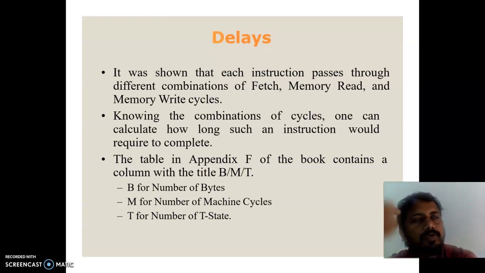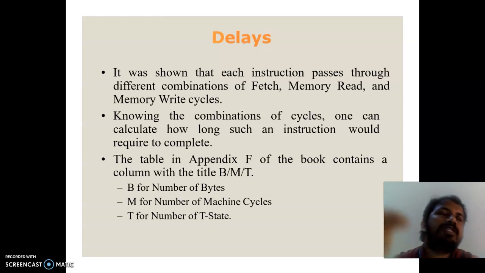After 1, then 2, 3, it goes on after a certain delay, just like a timer. So 1, 2, 3, 4, 5, 6, 7, 8, 9, then again I come back to 1 on the 7-segment display. So this pattern has to be displayed.